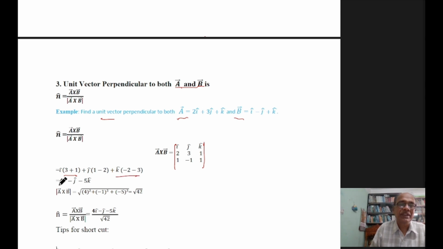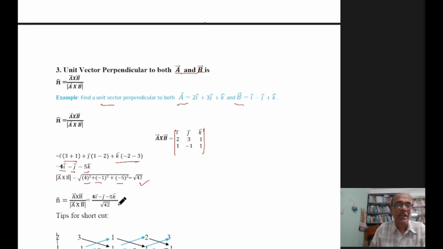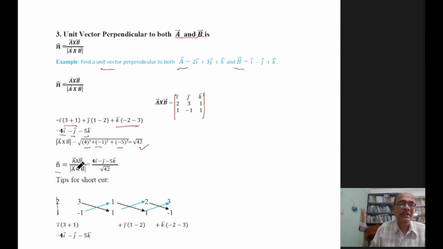So obviously the vector will be 4i minus j minus 5k, and the magnitude will be the square of this plus minus 1 whole square plus minus 5 whole square, that equals root over of 42. And what will be the unit vector? We got A cross B, and this is the magnitude. So this will be the unit vector.